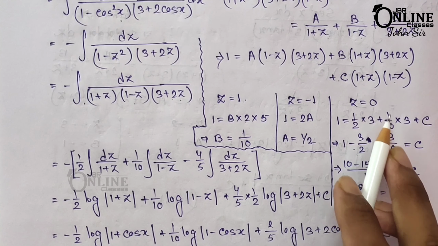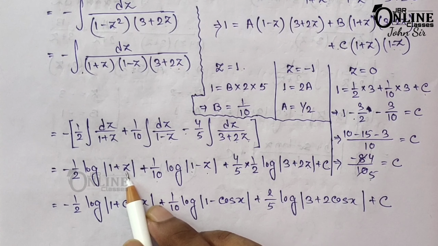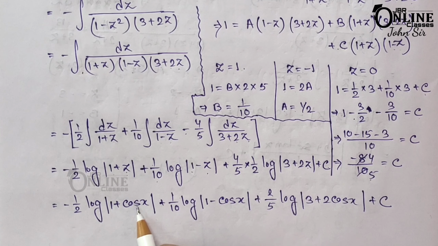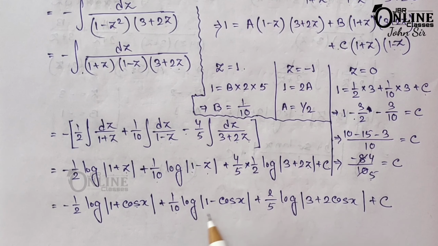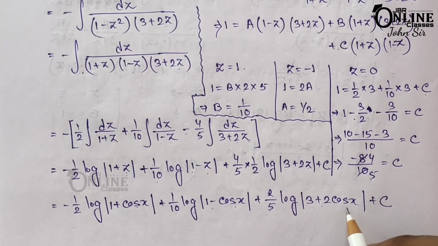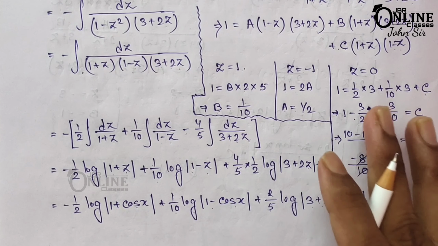So here minus half log 1 plus z plus 1 by 10 log 1 minus z plus 4 by 5 log 3 plus 2z by 2, as here the coefficient of z equals 2, so by 2, so you can write here into half, plus c. So minus half log, now the value of z equals cos x, so 1 plus cos x, 1 by 10 log 1 minus cos x, and 2 by 5, 2 cancelled with 4, so 2 by 5 log 3 plus 2 cos x plus c. So this is your final answer.